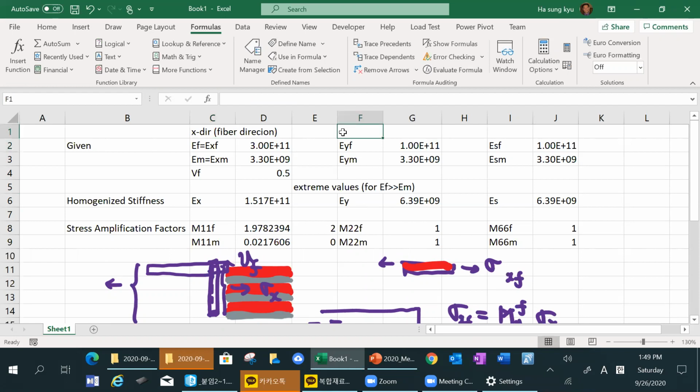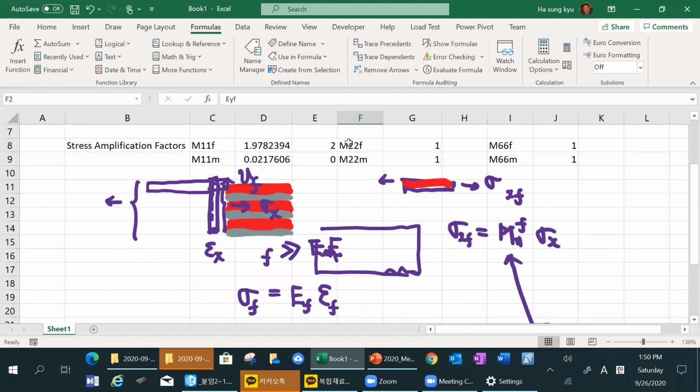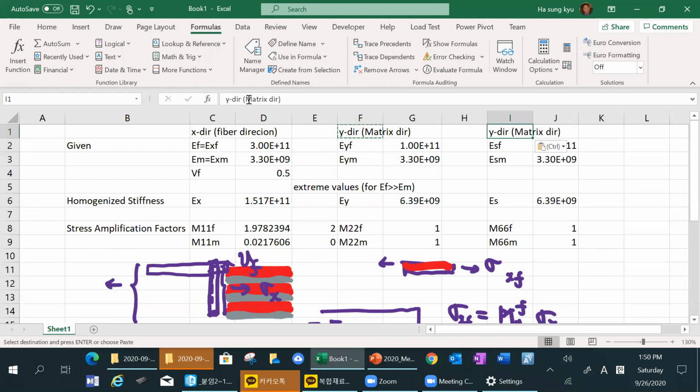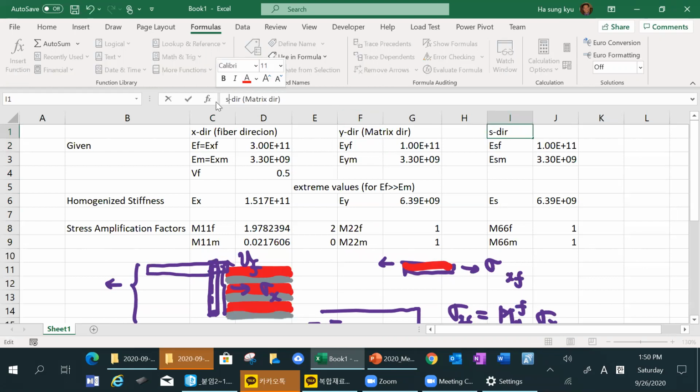And here is the Y direction, usually called the matrix direction. And the shear direction is called S. Okay, S means shear. It's also a matrix dominated direction.